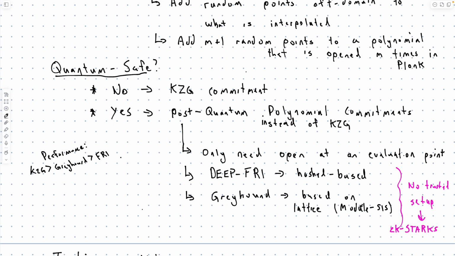So that's the main reason I think that people might still continue to use FRI instead of Greyhound. This also has only been around a year, and so even if this assumption is correct, maybe there's a problem in the protocol itself or the scheme itself that people haven't identified yet. So it's not like everyone's switching immediately to these other ones. Okay.